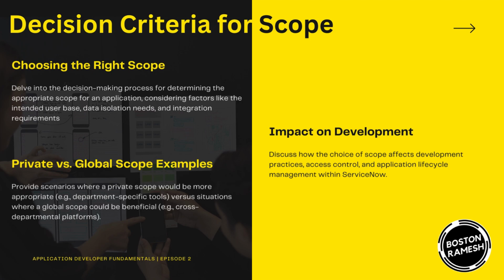In that case, you cannot make that a private scope application, because all scope applications require the output of that functionality, which you have to put in the global scope. Examples include enterprise-wide reporting tools or applications that integrate various departments' workflows into a collective platform.